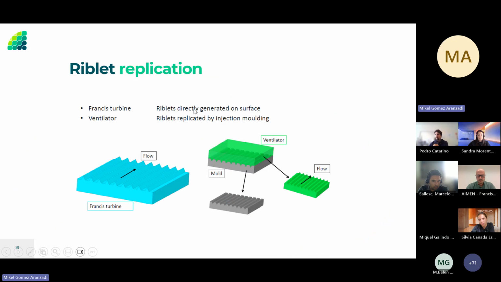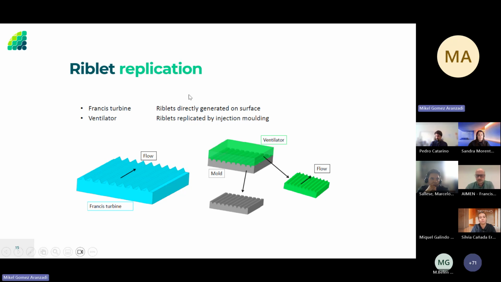The second difference is that the wavelets are going to be inscribed onto the turbines directly, so we will have to inscribe the wavelets directly. In the case of the fans, as they are manufactured by injection molding, we need to engrave the negative of the wavelets in the injection mold.